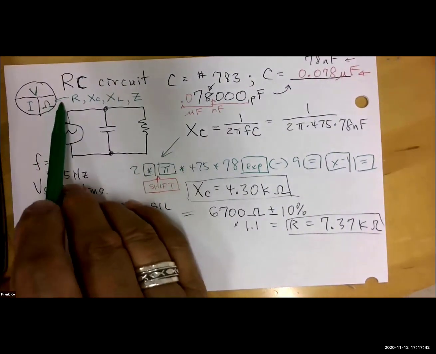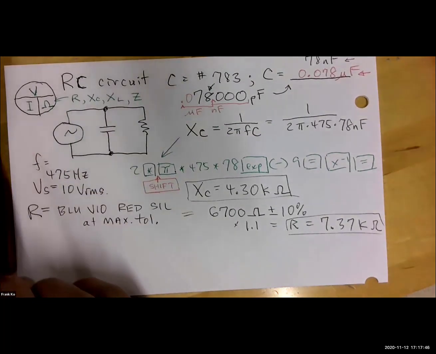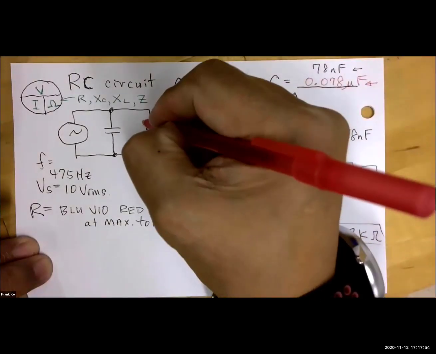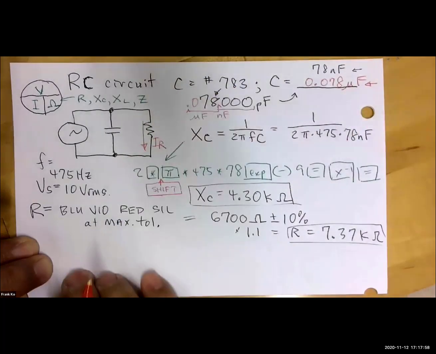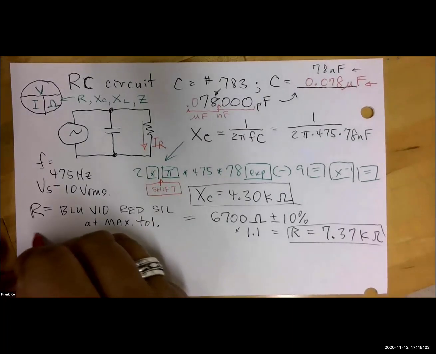So we'll use Ohm's law and call this VI ohm instead of just VIR. But since we happen to be asking for some currents, we should be able to calculate a current going through here. So this will be my IR. How would you find the value of IR, Yusuf?